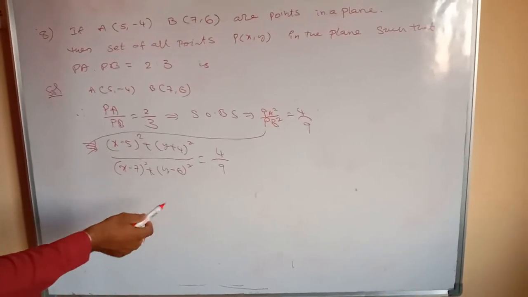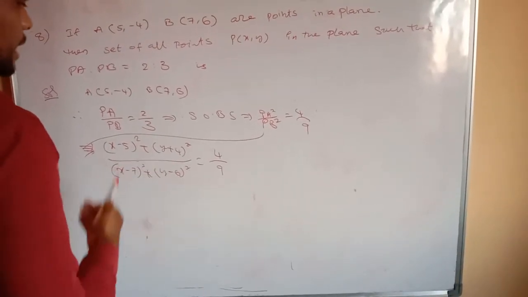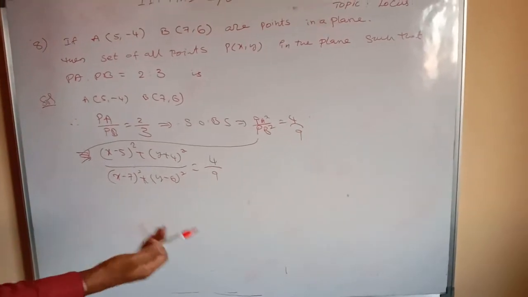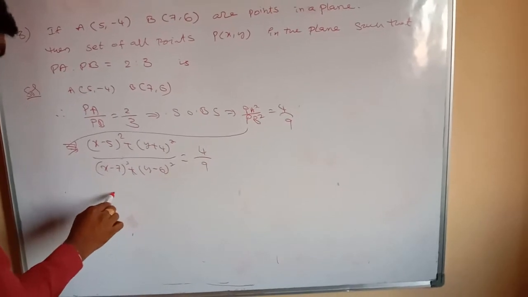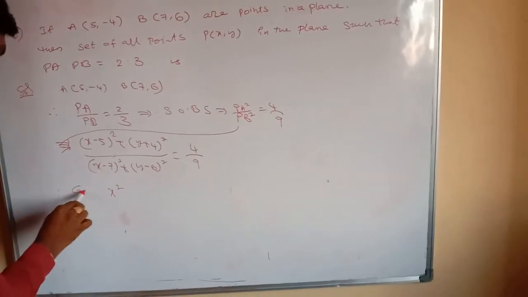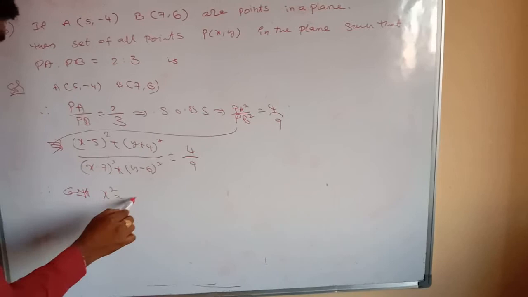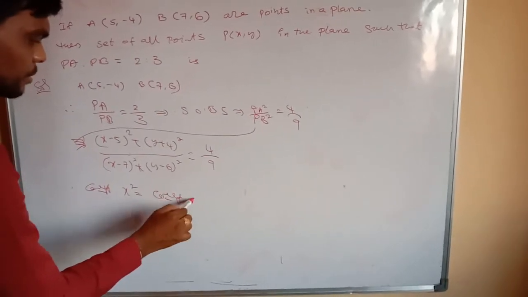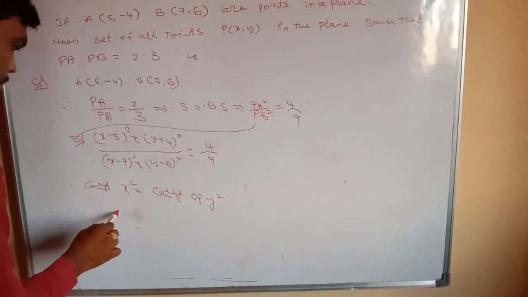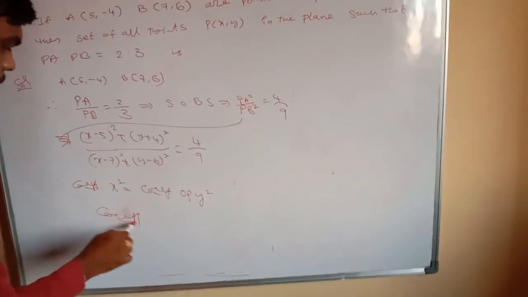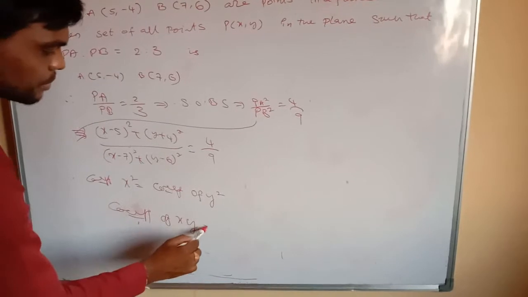Now we observe whether it is a hyperbola, an ellipse, a circle or another curve. But here the coefficient of x square is equal to the coefficient of y square, and the other condition is the coefficient of xy is equal to 0.